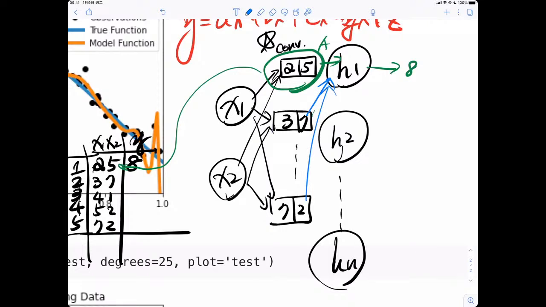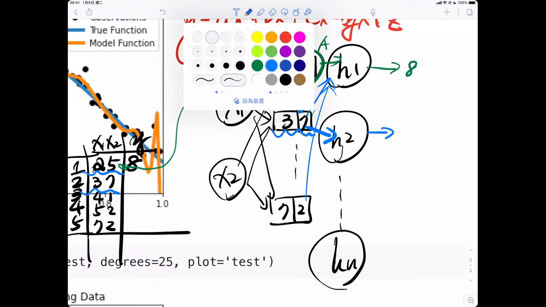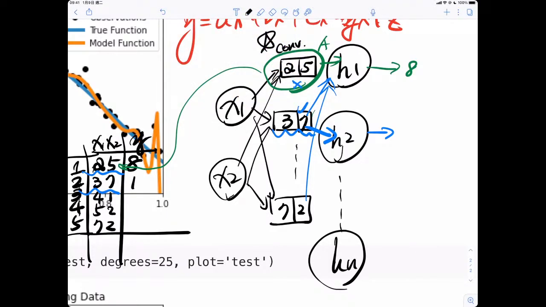But for this value 3 and 7, the weight maybe does not activate for 5. It only activates for your second data point. So every time you input your second data point 3 and 7, the first convolution kernel will not activate for such data. Only this one will activate for its data. After that, a specific neuron H2 will output, for example, 1, 1 right here.